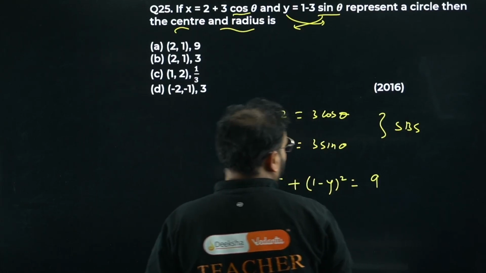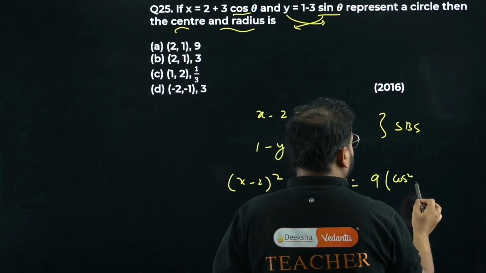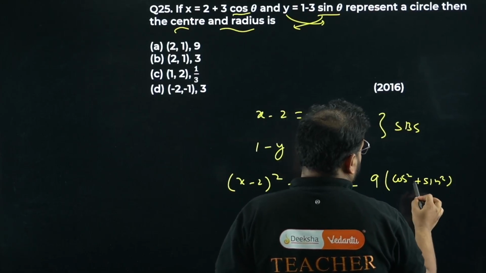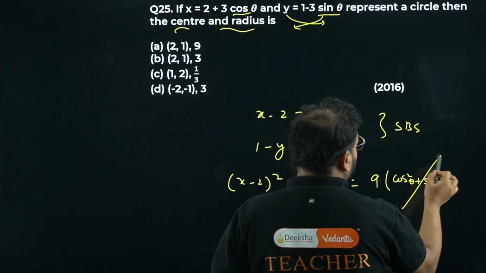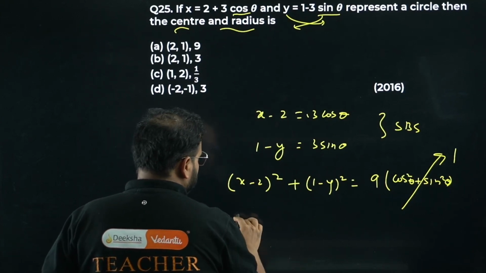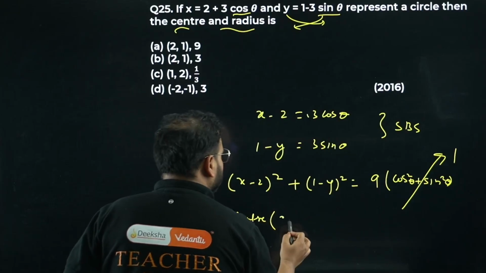9 is going to be common, since we have 3 square and 3 square: cos square theta plus sine square theta, which becomes 1. So the center is x comma y, which is 2 comma 1.